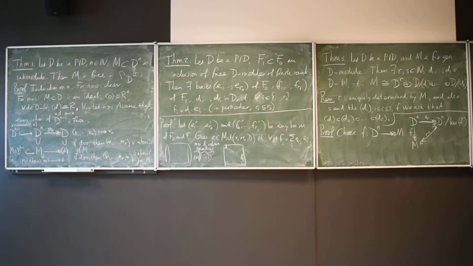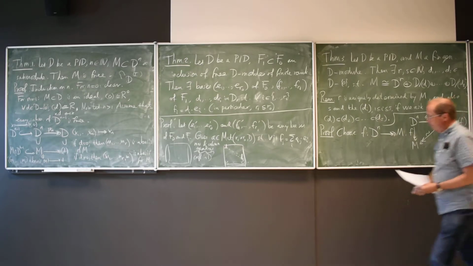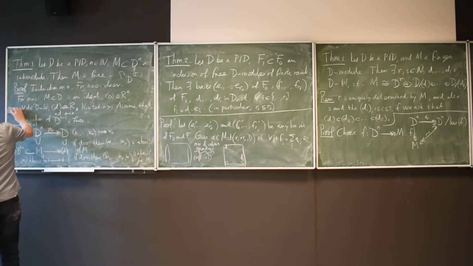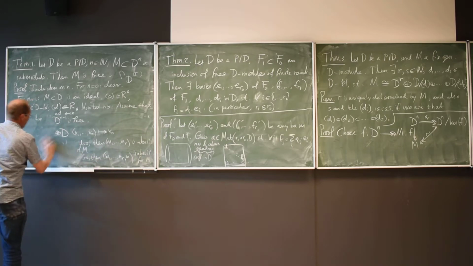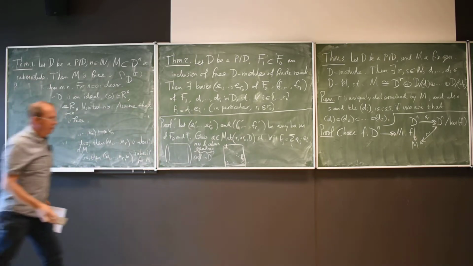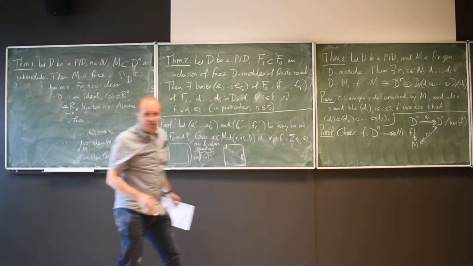So now we understand this M a lot better because it is isomorphic to a quotient of D to the n by a submodule of D to the n. But there we can use theorem 2, right? So theorem 2 says that we can choose better bases. Oh, theorem 1 says actually that this kernel of F is free, right?